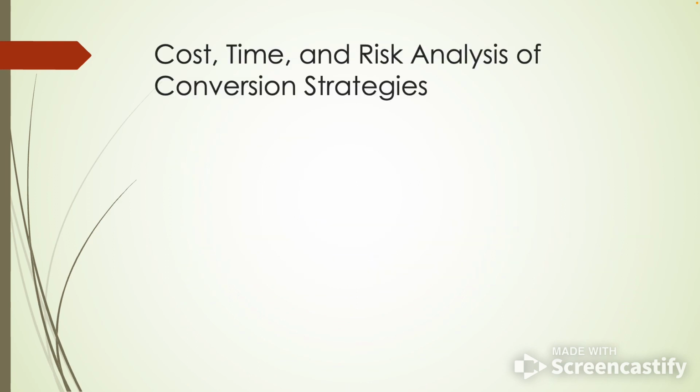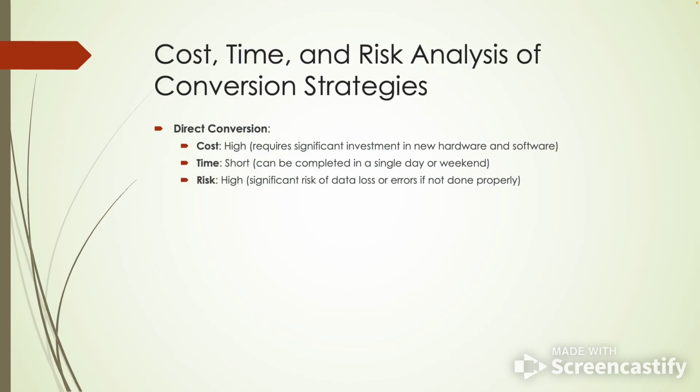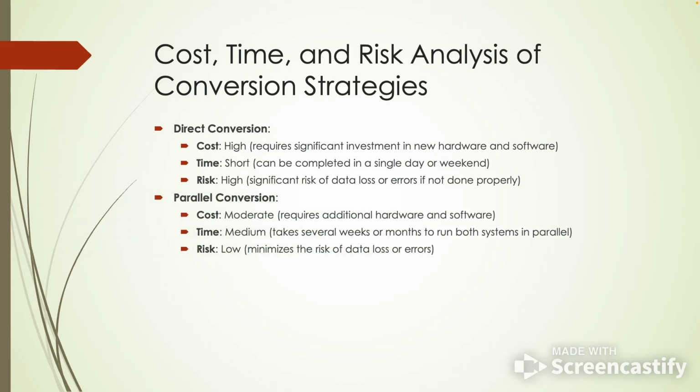So we'll talk about the cost, time, and risk analysis of these conversion strategies. First is direct conversion. It has the advantage of being completely quick, but it is the most costly and carries the highest risk of data loss or errors if not done properly. The next is the parallel conversion.